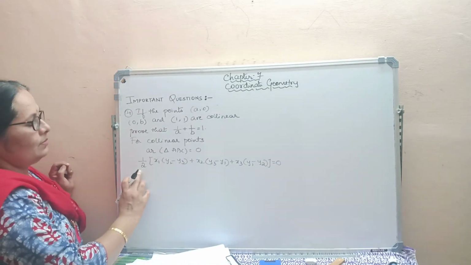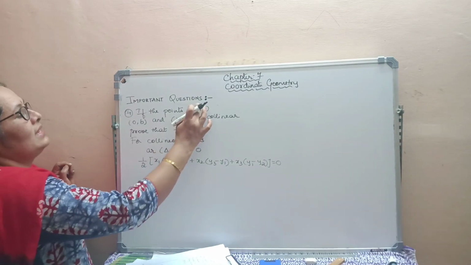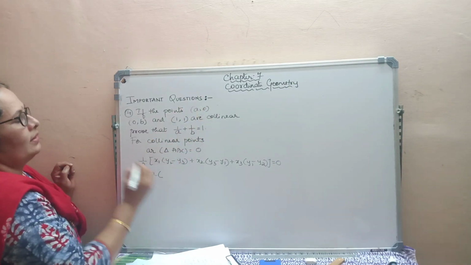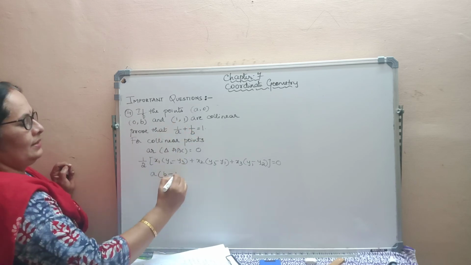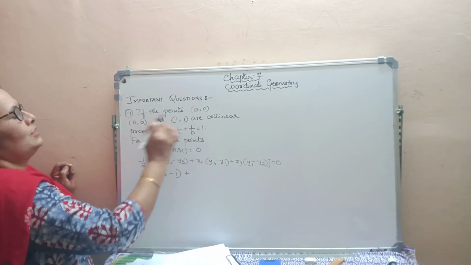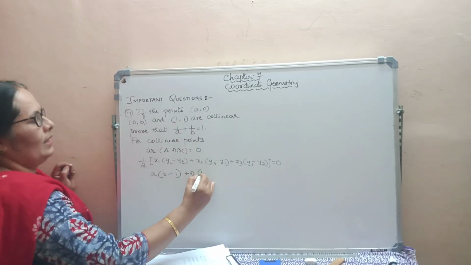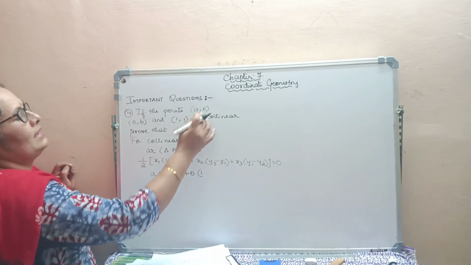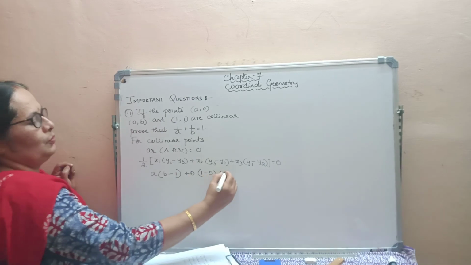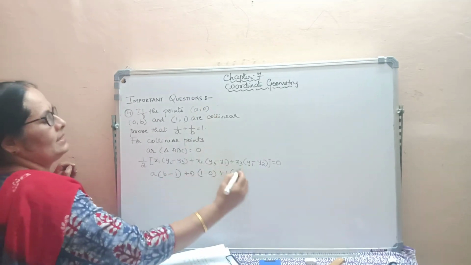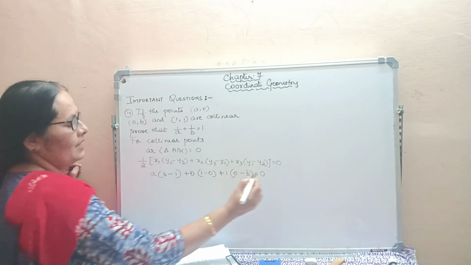So, on cross multiplication, 2 into 0 is 0. Now, what is x1 here? a. Then y2 is b and y3 is 1, plus x2 is 0 into (y3 is 1 and y1 is 0), plus x3 is 1 into (y1 is 0 and y2 is b) equals 0.